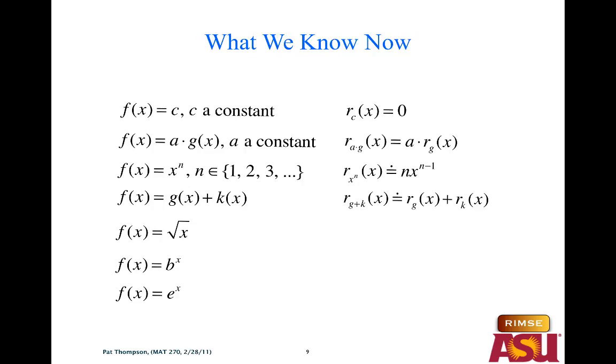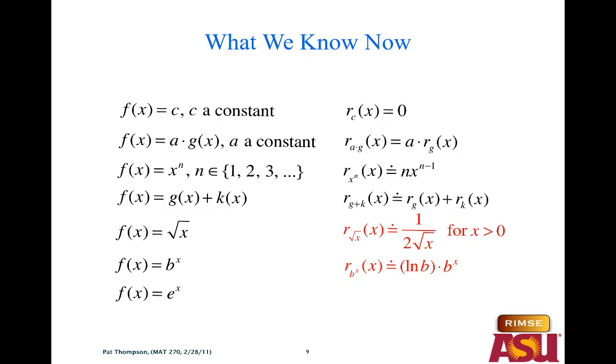All right, so 3 more rules. We had the 4 from before. We got 3 more. For square root of x, the rate of change function is 1/2 square root of x. For an exponential function, the rate of change of b to the x is b to the x times natural log of b. And you can put the natural log before or after, it doesn't matter.